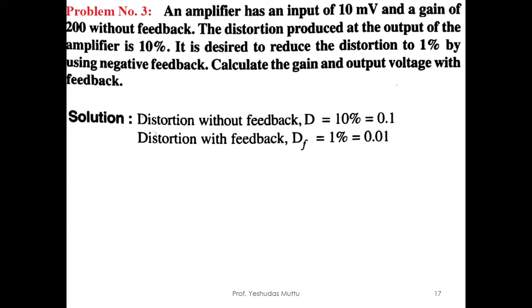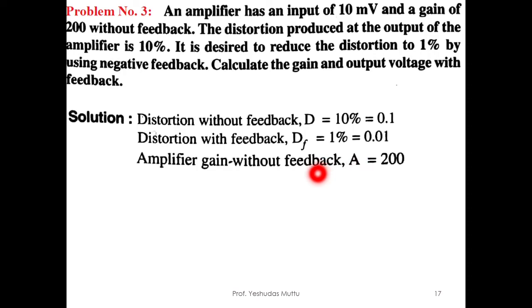Let us start. As I told you, distortion without feedback and distortion with feedback are given to me, so it's been put up accordingly. Amplifier without feedback gain is given as 200. So we'll use this formula, which we had also derived. D is given to me, DF is given to me, so beta is the only unknown here because A is also given.